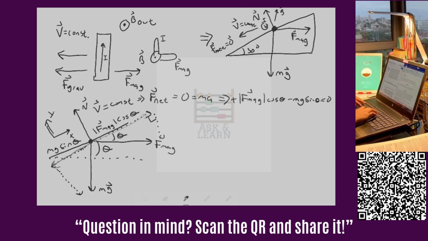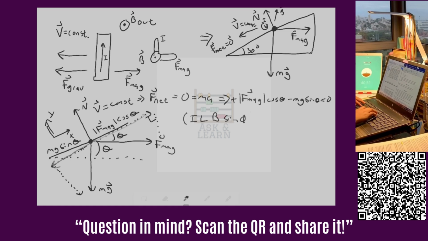We actually can plug in an expression for the magnitude of the magnetic force. We know that for a current carrying wire, the magnitude of the magnetic force is I times the current through the wire, times the length of the wire, times the magnetic field through which the wire is moving, times sine of phi, the angle between the magnetic field and the current.